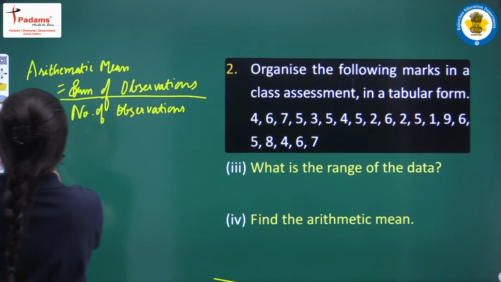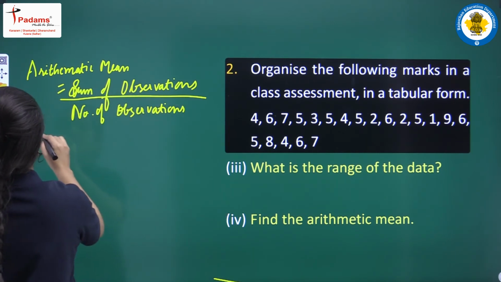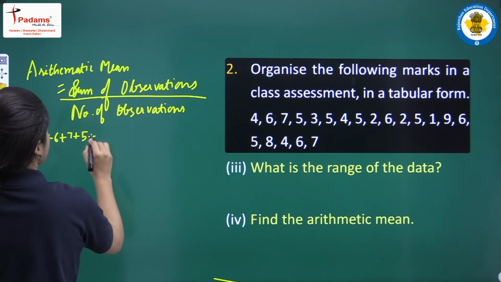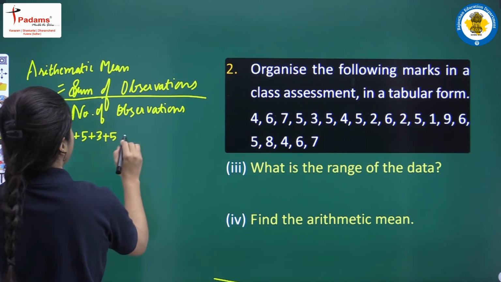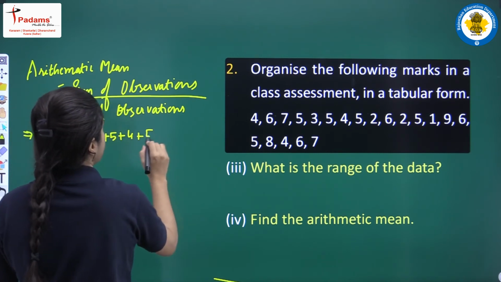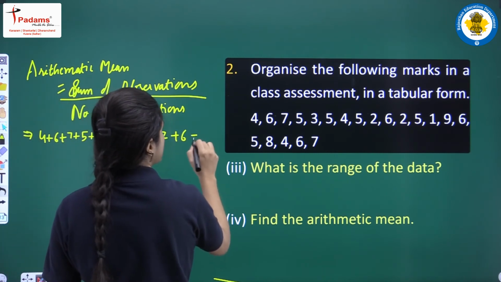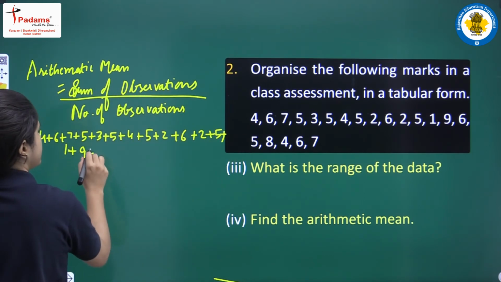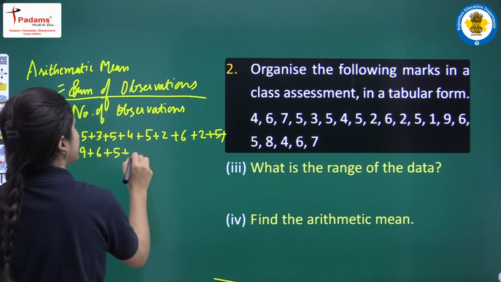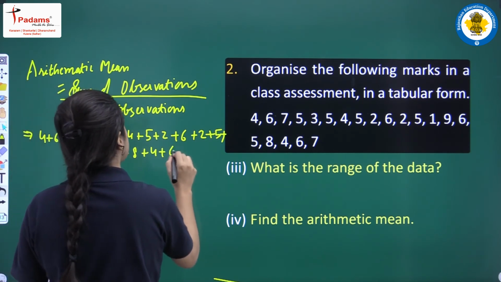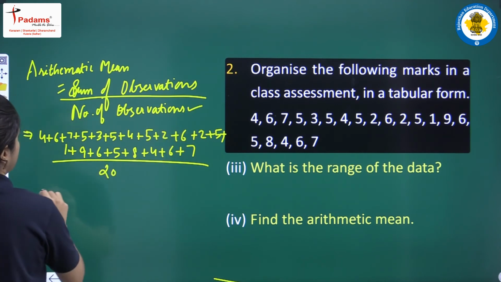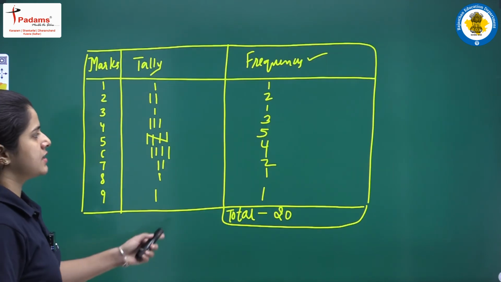Okay students, the sum of these things, 4 plus 6 plus 7 plus 5 plus 3 plus 5 plus 4 plus 5 plus 2 plus 6 plus 2 plus 5 plus 1 plus 9 plus 6 plus 5 plus 8 plus 4 plus 6 plus 7 upon the number of observation, that is 20.